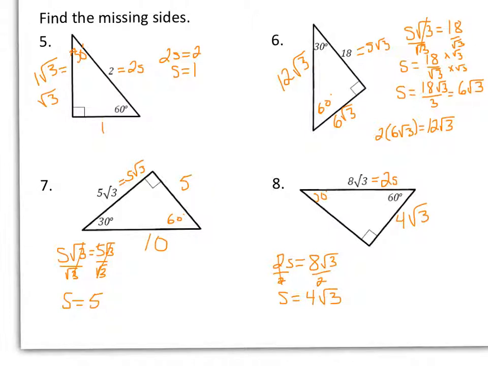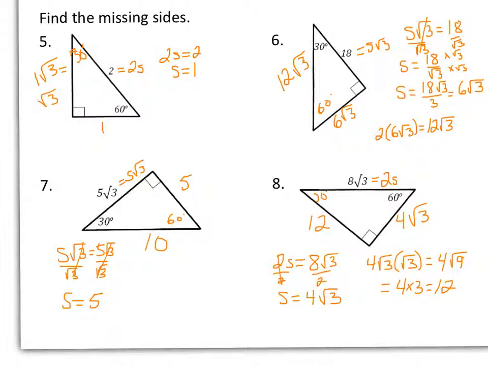Then to get our longer side, we will take 4 square root 3 times square root 3. Square root 3 times square root 3 is 9. Square root of 9 is 3. So then I end up with 12.